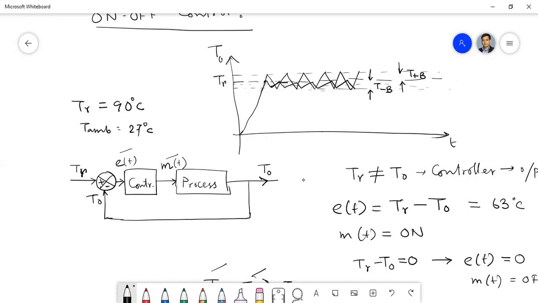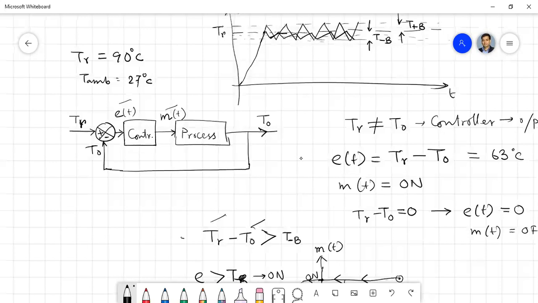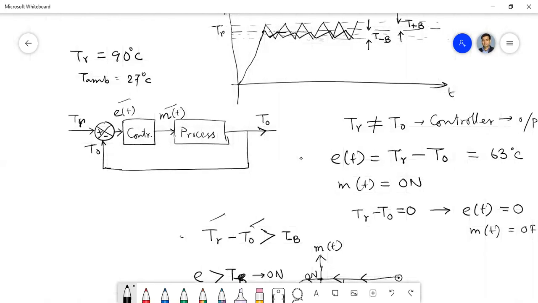We don't have any proportional control or proportional integral control or higher order controls. We only have two states, and those states are generally controlled by an automatic switch called the thermostat, that you have either seen or heard the term.